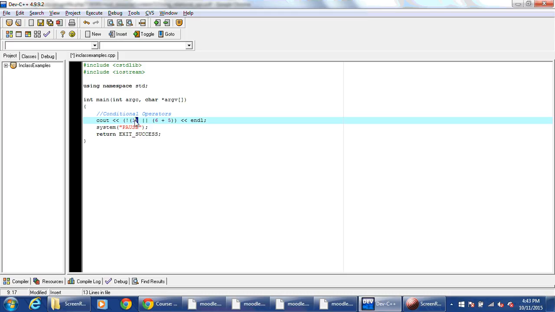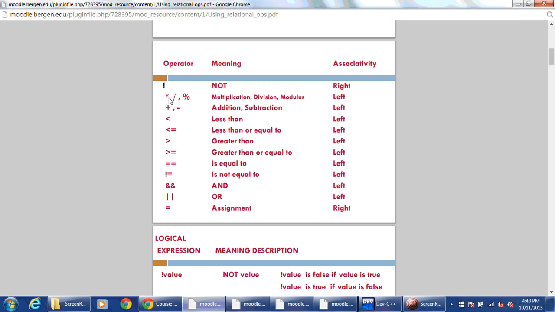That means that this expression will get evaluated first, and then the addition expression will get evaluated because of their precedence. So you see that not is going to come before the addition and subtraction. Basically what happens is the not comes first, then you have your arithmetic operators, and then you have the relational operators.